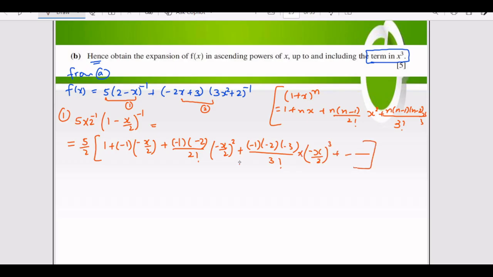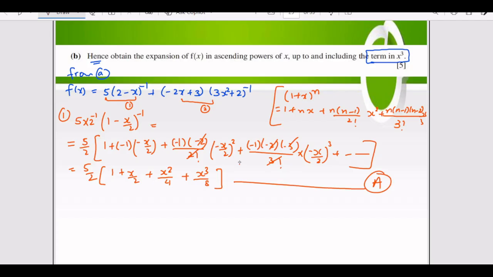And so on, but we are looking for only this one. Now simplifying 5 over 2, this gives us, I will write it quickly, now you know how to do that. This is just the simplification, and this becomes x cubed over 8, right? First three terms. This cancels 3 times 2 times 1, and this cancels with here, and that's how we are getting this. So let's say this is our equation A.